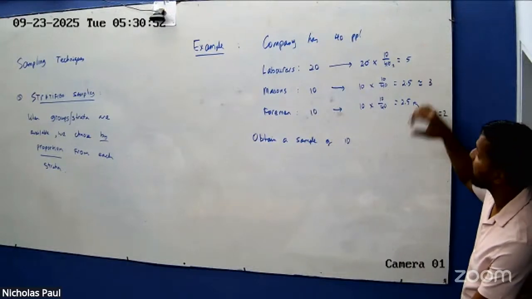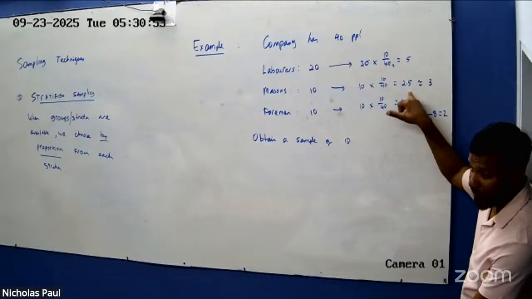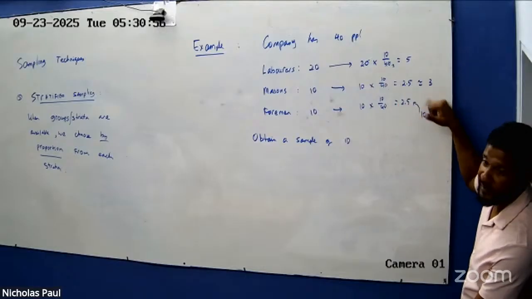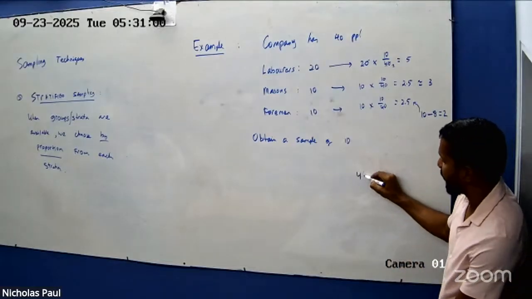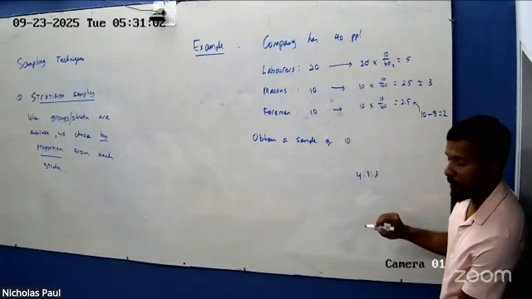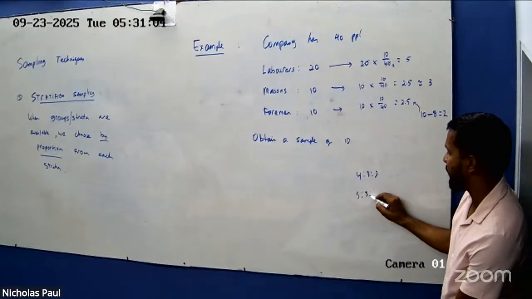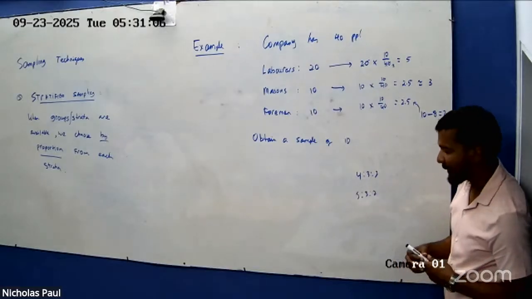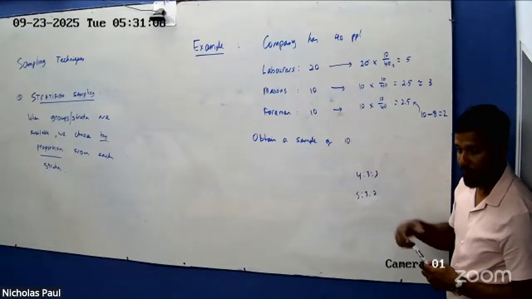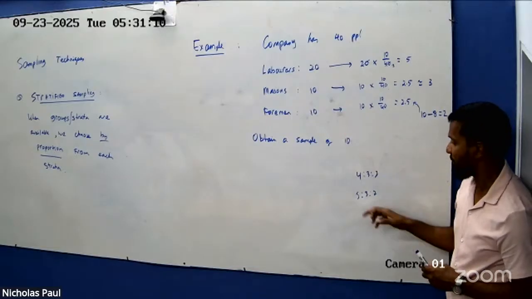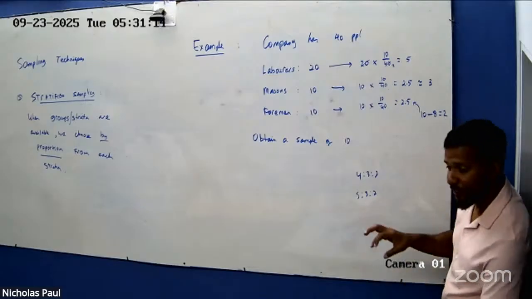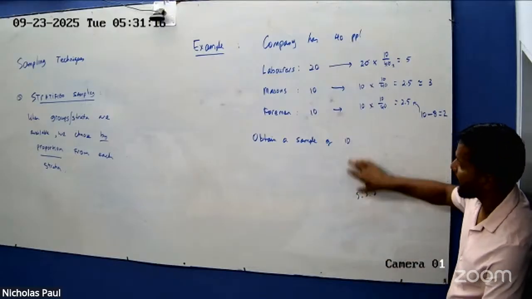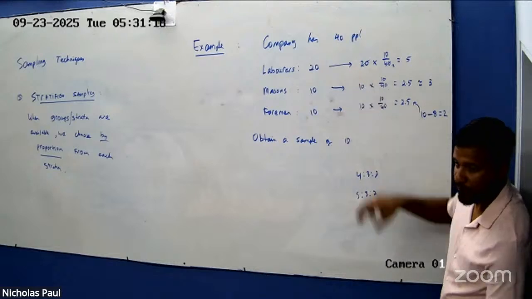Can't do that. Because you end up with a problem here, you'll have to deal with it here. So think about it. If you have a ratio of 4, 3, 3 here, as opposed to 5, 3, 2, which one is a better representation of this? 5, 3, 2 might be a better representation, right? And that is your objective, to make the sample as close as possible to the population. All right?